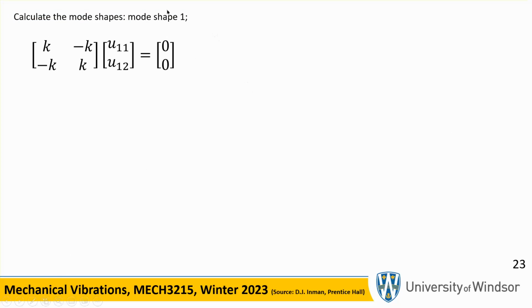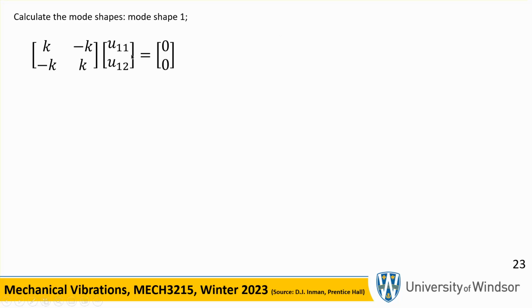Let's find the first mode. Okay, so we take that first mode, omega equal to 0, plug it in there. What do I mean by plug it in there? To find the mode, you go and put it in the equation minus omega squared times m plus k times u equal to 0. That's what I've done. Except that because omega is 0 for the first mode, the omega squared m term is not going to come into the picture.